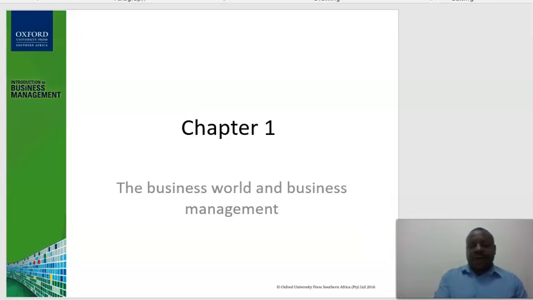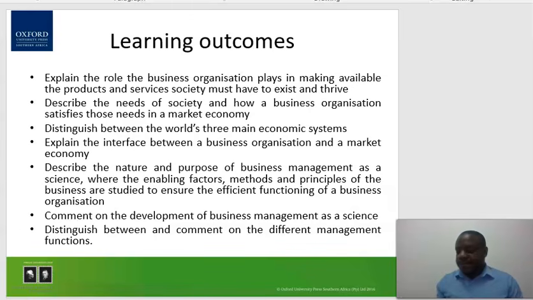So just to go straight to course content, we'll start with chapter 1, which is basically looking at the business world and business management.